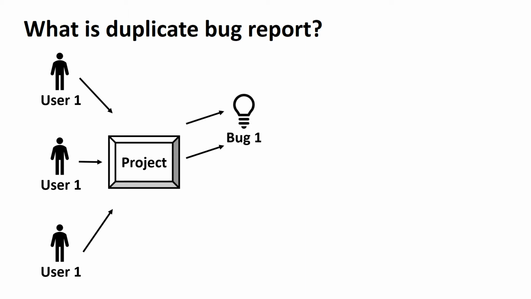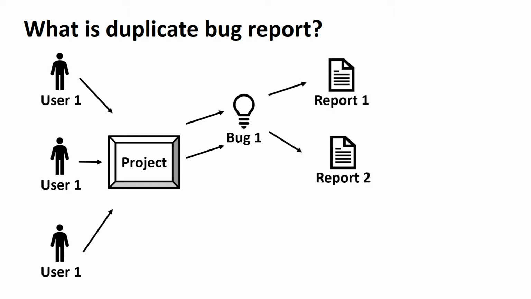When encountering a bug, users usually describe the bug and generate a bug report based on their understanding of the bug. Because different people have different understandings of the same thing, and different people may have different descriptions of the same phenomenon. This leads to the production of duplicate bug reports.